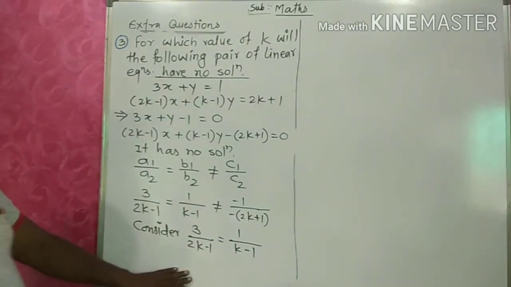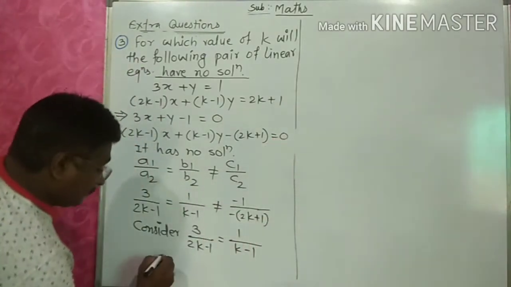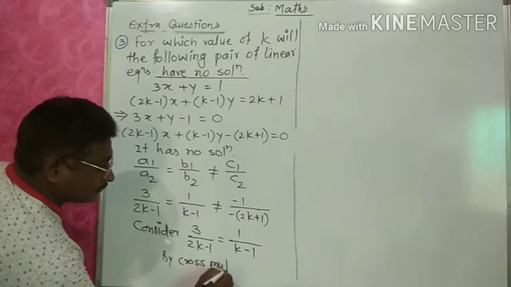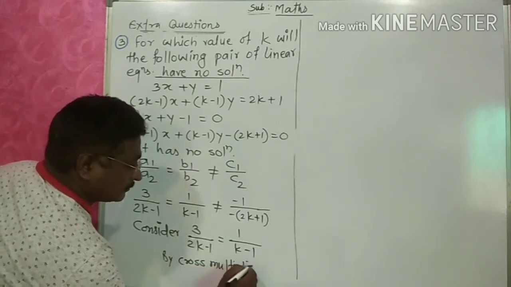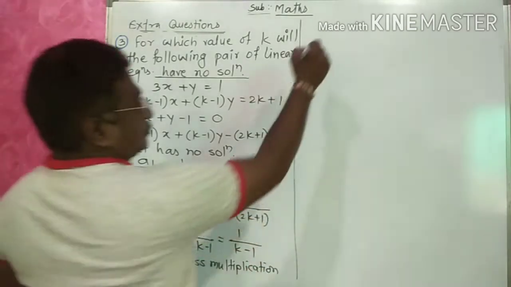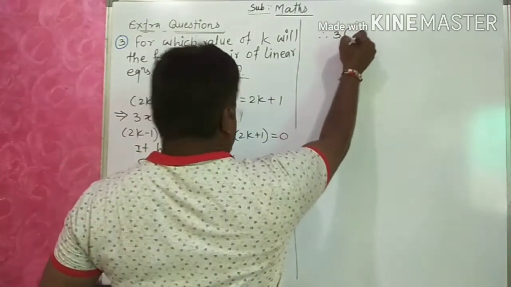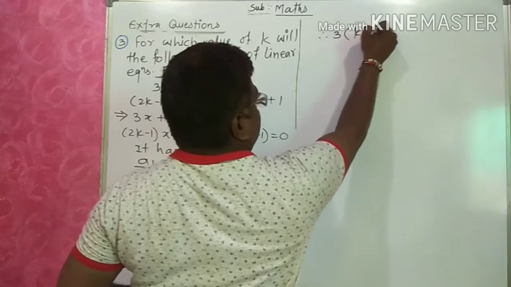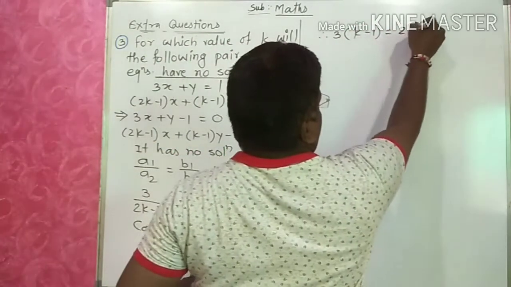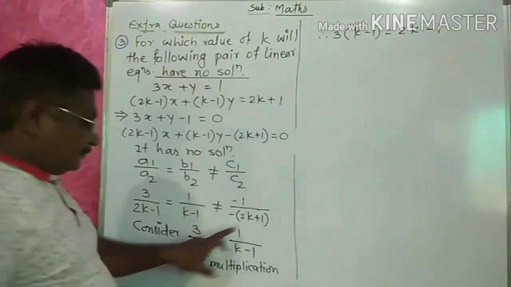Now by cross multiplication, so what has to be done? 3 into k minus 1 equals 2k minus 1.